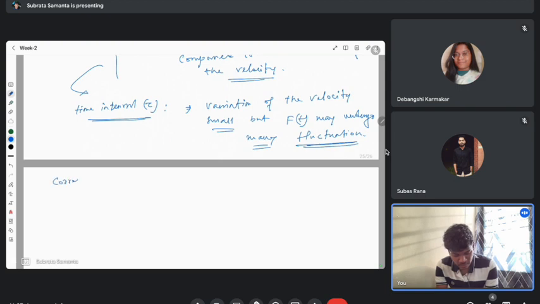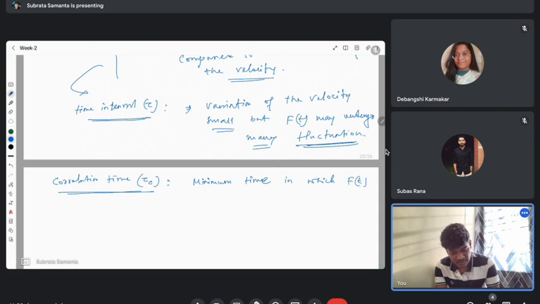The correlation time, t_c, is the minimum time in which this random force f(t) changes appreciably.